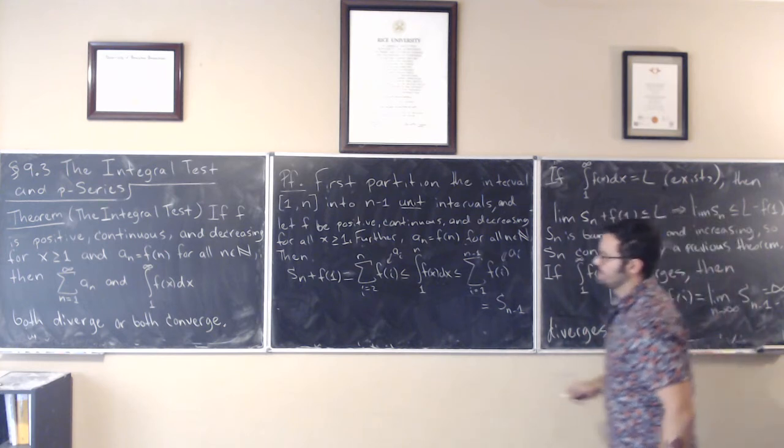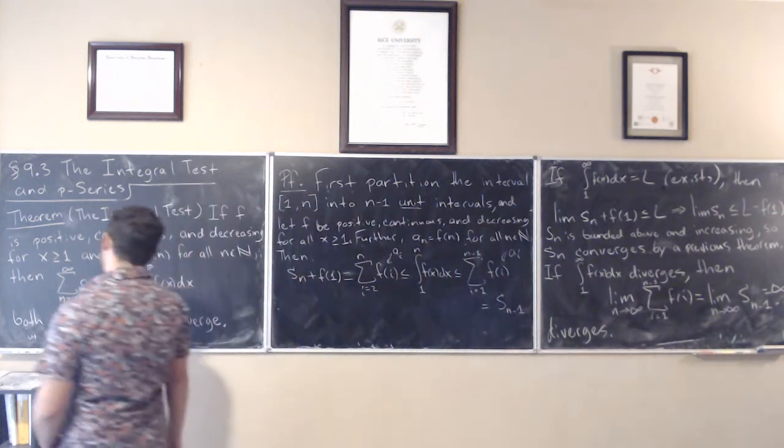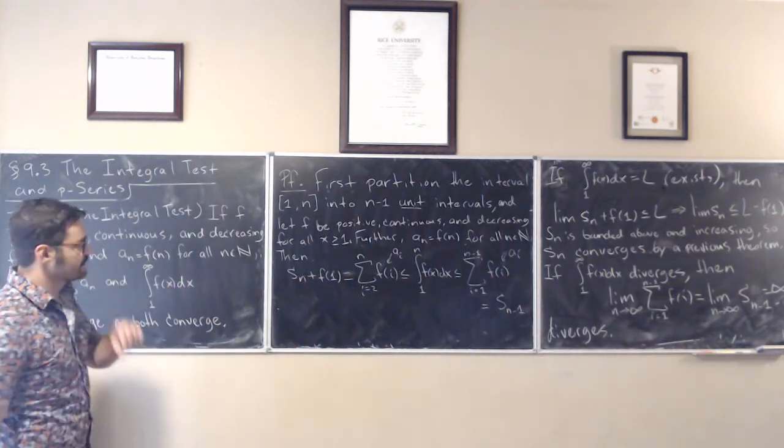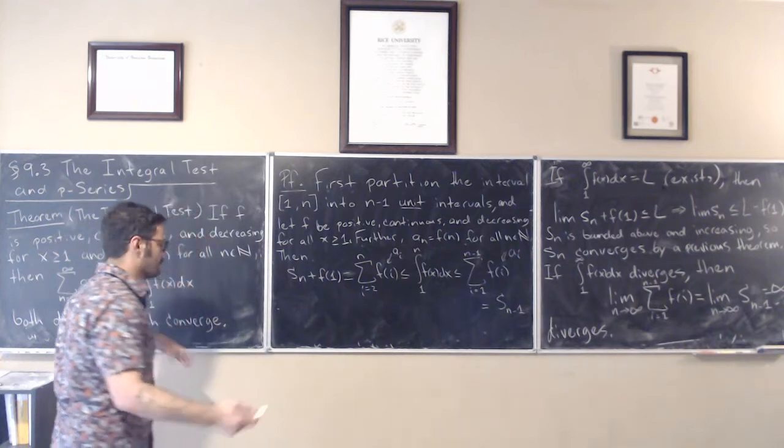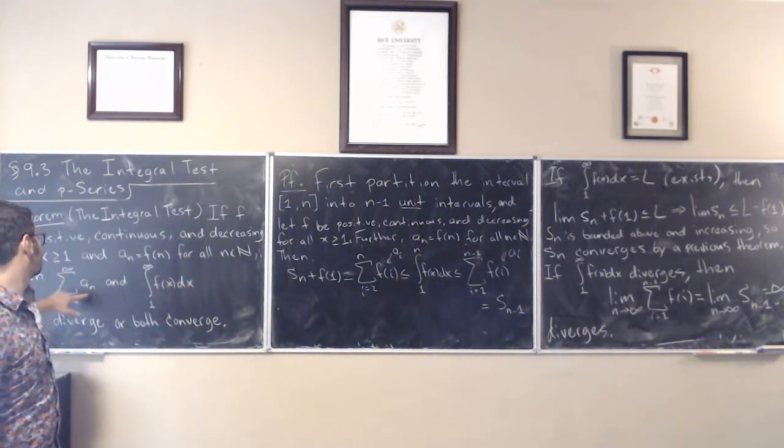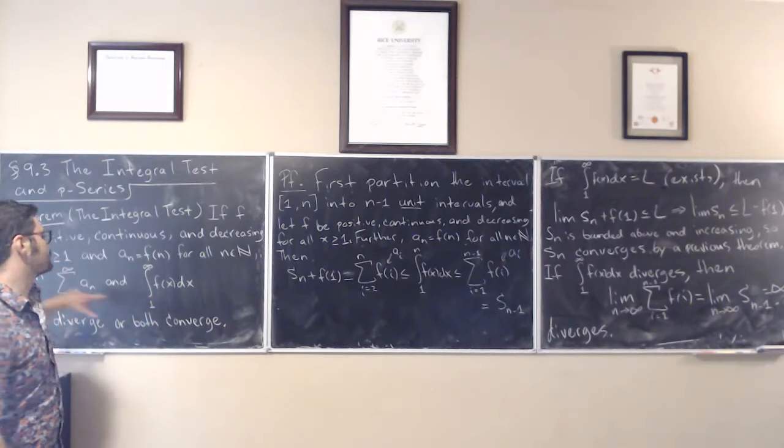So in both cases, really, I only proved one direction, but that's all we need for our purposes, that if that diverges, so does the infinite sum. If that converges, so does the infinite sum.